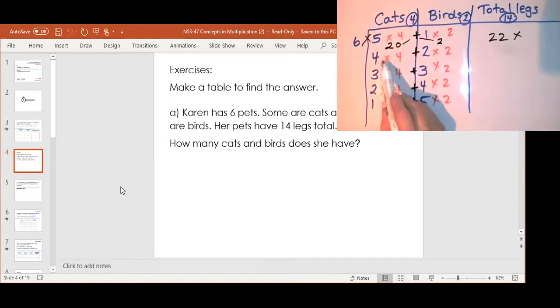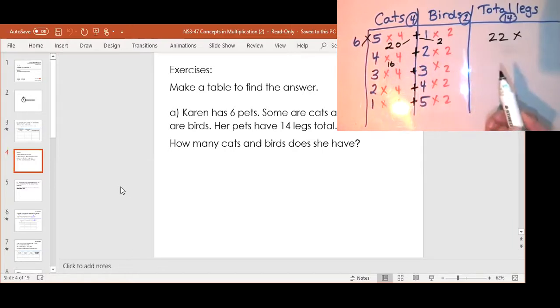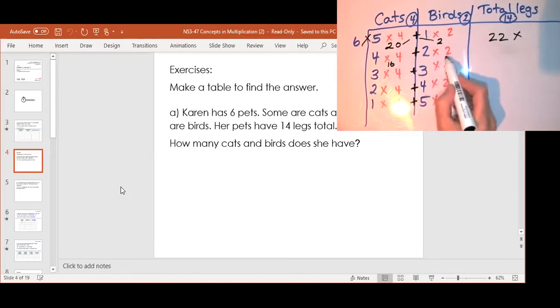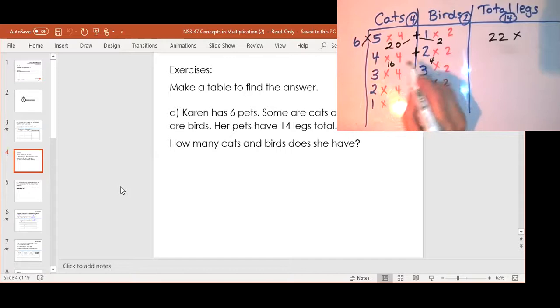All right, let's do 4 groups of 4. You use your chart or memorize this, or learn 2 groups of 4 and then add another 2 groups of 4, double it. And either way, you're going to come up with 16. 16 and 2 groups of 2, 2 2s, doubles, is 4. 16 plus 4.